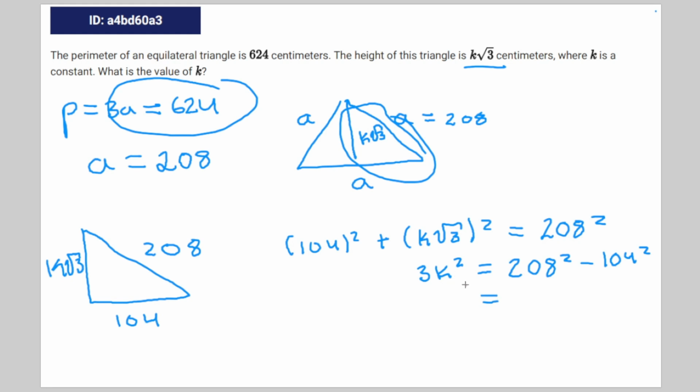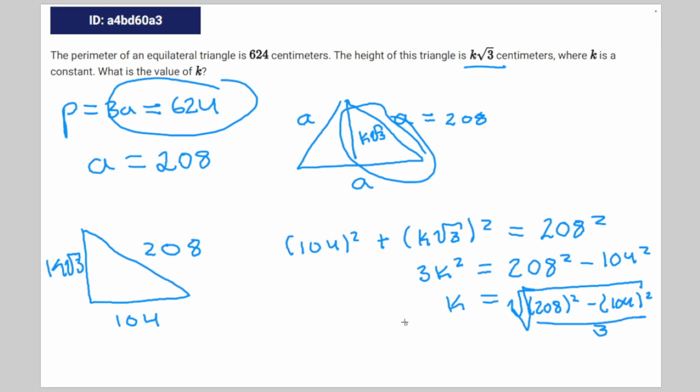Divide both sides by 3, and then take the square root. You're going to get k is equal to the square root of 208 to the power of 2 minus 104 to the power of 2, divided by 3, which is within the square root because that comes before the square root, because it's part of the k, not the 3.